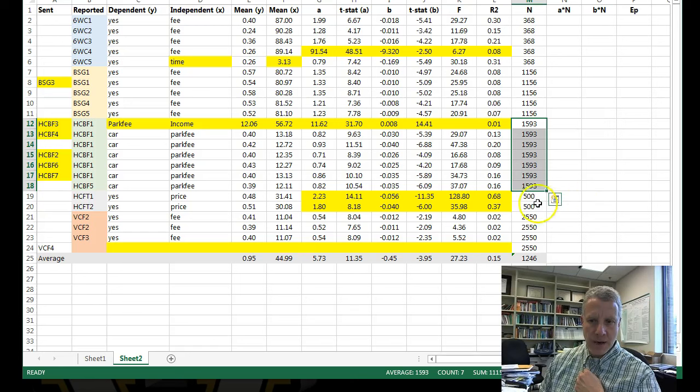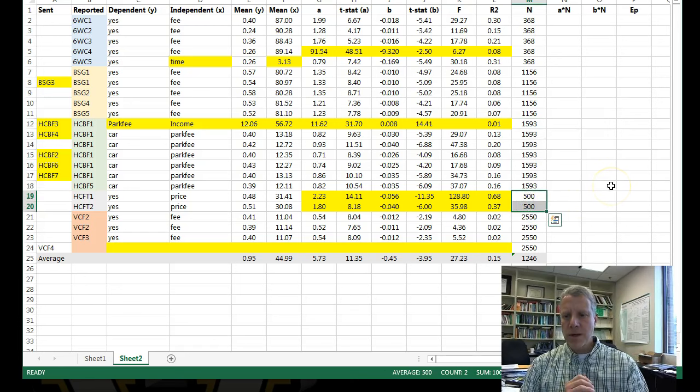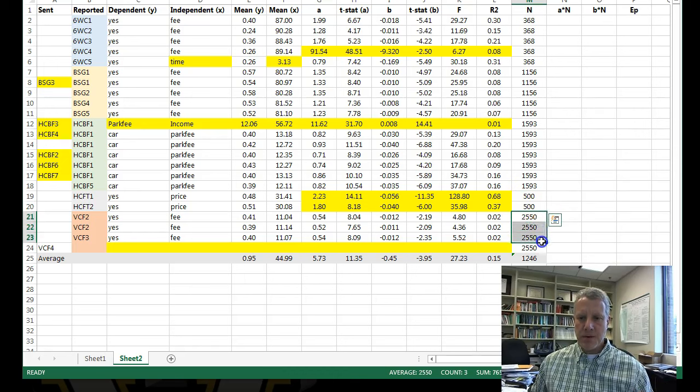For High Country Farm Tour, that one's harder to get a handle on. Jeff Nicely in his MBA thesis said it was over 500. So I've just included 500 there. And for Valley Country Fair, in that presentation, I estimated 2,550 carloads. So we're using the carload number.